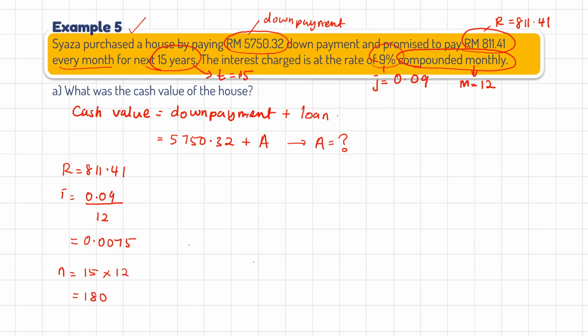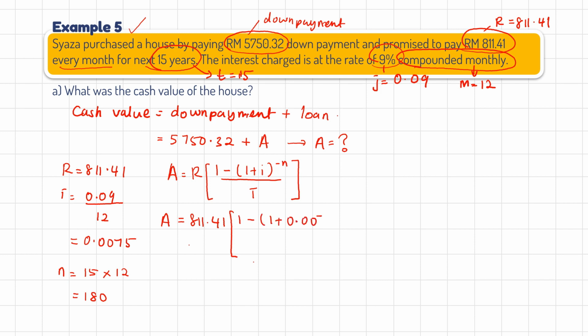So the formula for A is equal to R times (1 minus (1 plus I) to the power of negative N) over I. Just put all the values inside the formula: 811.41 times (1 minus (1 plus 0.0075) to the power of negative 180) over 0.0075.